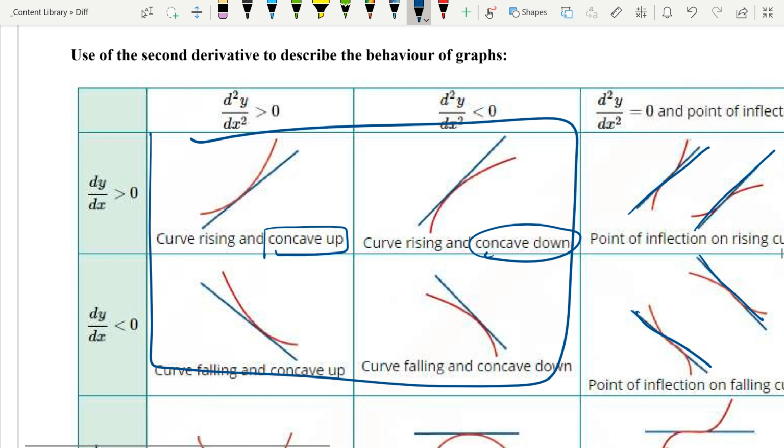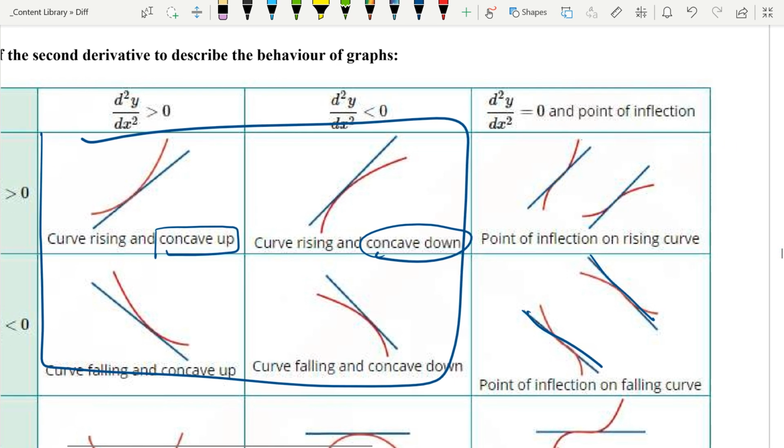At that point, we have this property: we cut the graph into two halves, one above and one below. So that's really what the point of inflection means. If you ask me what a point of inflection looks like, it will look like this. When you draw the tangent at a point of inflection, you should cut the graph into two halves, one up and one down.